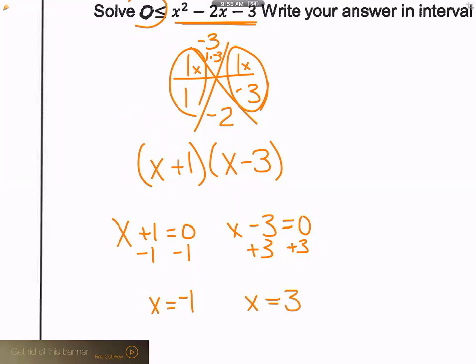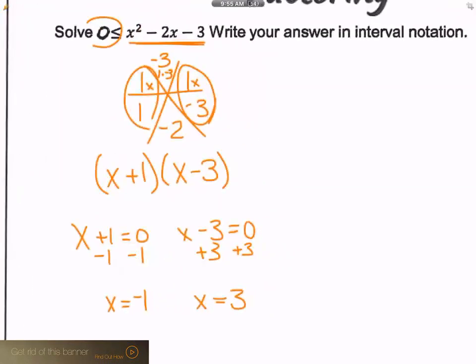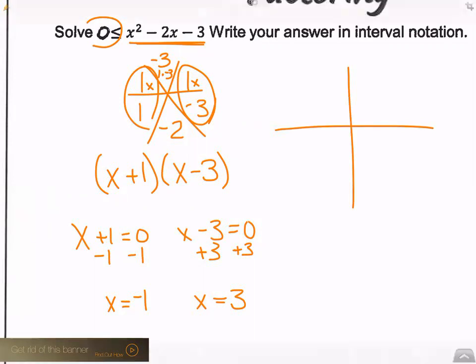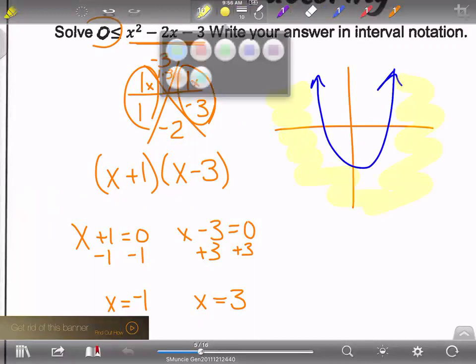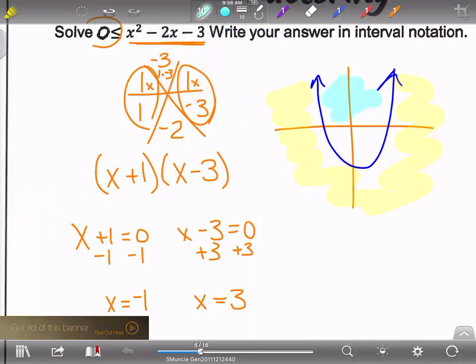But keep in mind, the original wasn't equal signs. We're trying to find intervals where this inequality is true. We can do these with graphing. You're going to find what regions will satisfy this inequality. So join me on a little tangent. If I were to graph this parabola, we're trying to figure out whether this whole region here will satisfy the inequality, or if this region here in the middle will.